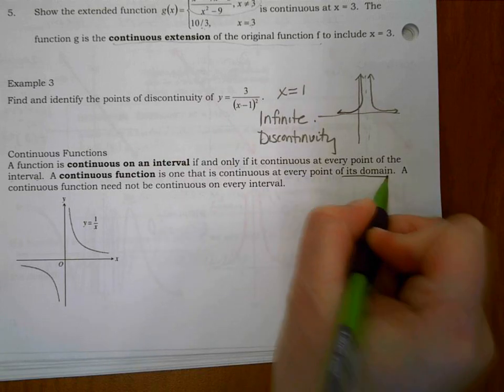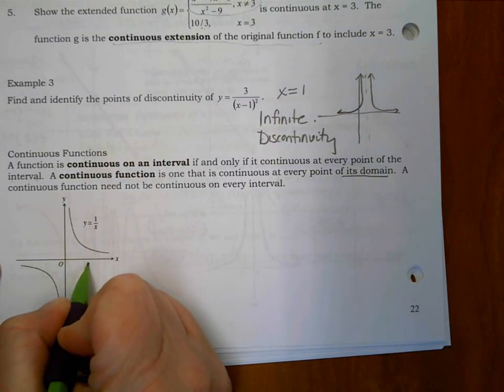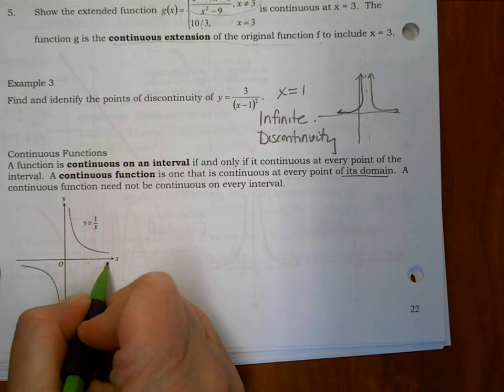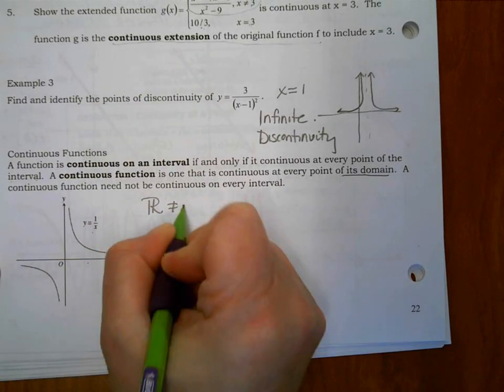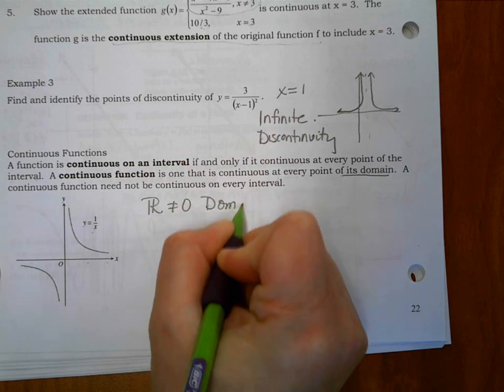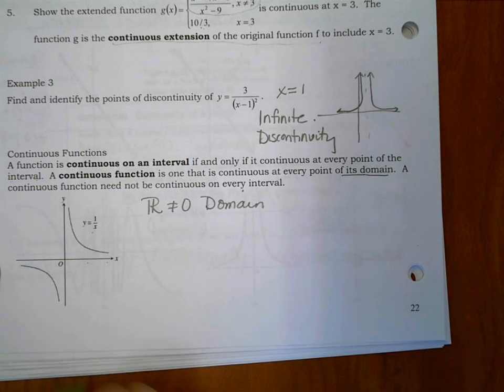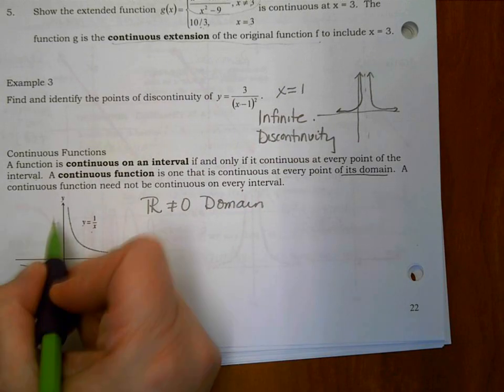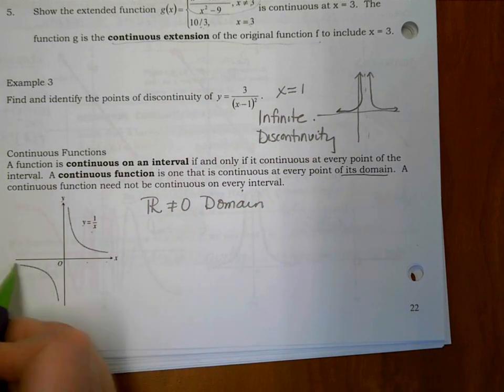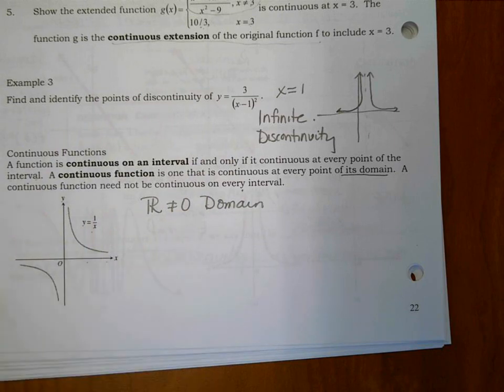So if I looked at this function here and I said, okay, what's the domain? The domain of this is all real numbers not equal to 0. So now if I said, is this continuous on every value of its domain? I would say, yeah, it actually is, because if I'm not including the 0, it's continuous here and it is continuous here.